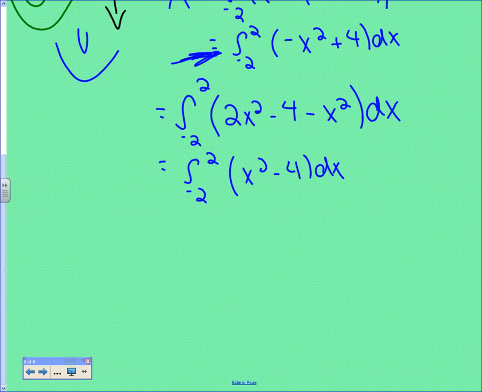All the signs are switched. And so when I integrate, I'm going to show you why it'll still work out. You're going to plug in 2.